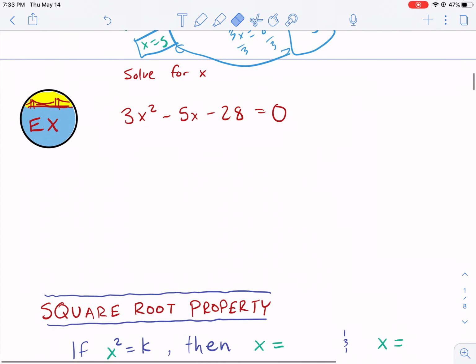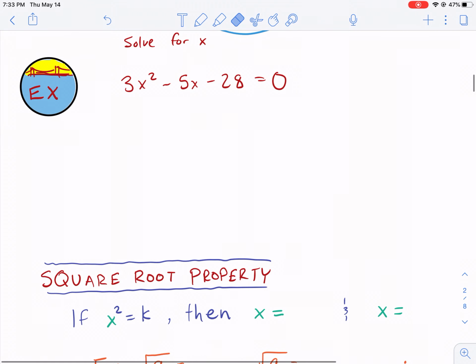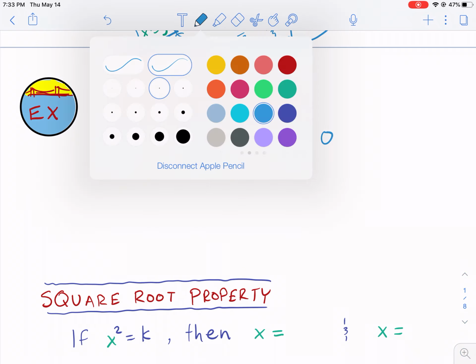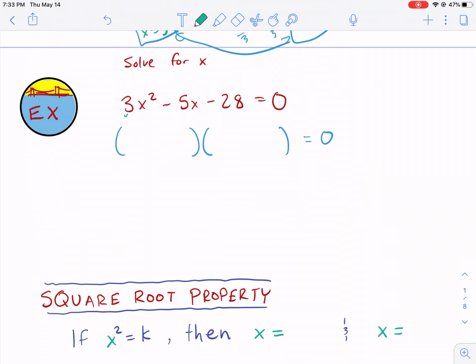So we have 3x squared minus 5x minus 28. All right, now this is already in standard form. It's in decreasing exponent order, and it's equal to 0, so we're ready to rock and roll. I hope you guys remember that we can make 2 parentheses here and factor it into them.